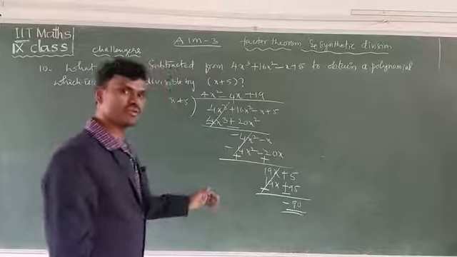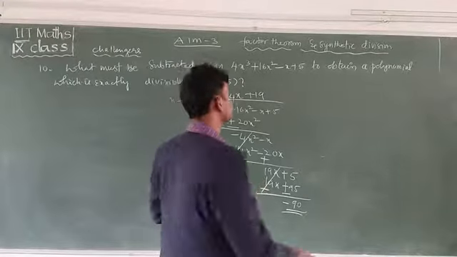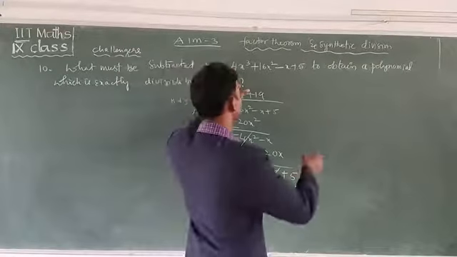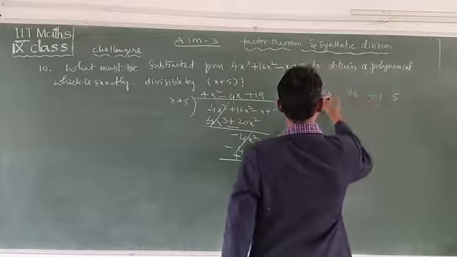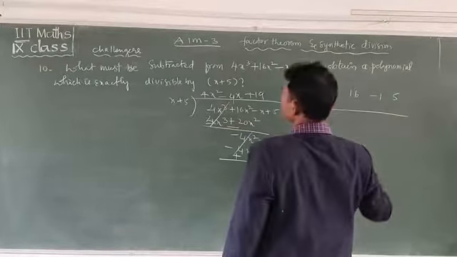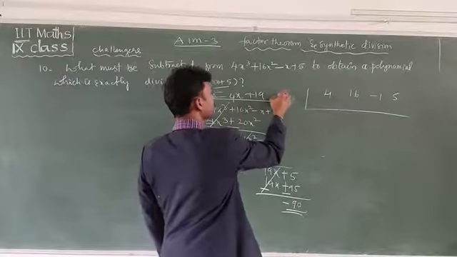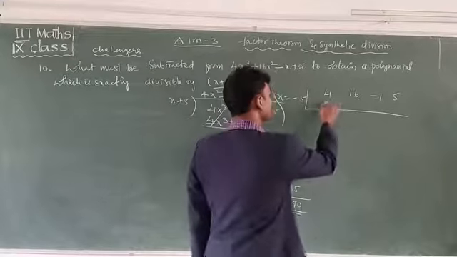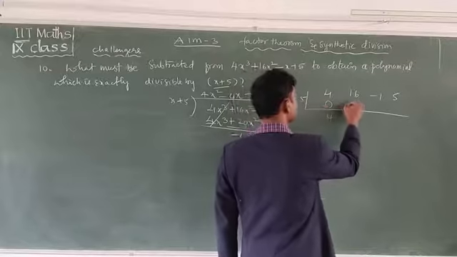This is the actual method, but I will explain the shortcut method. See here, using the synthetic division method, first we have to write the coefficients in descending order of degree: 4, 16, minus 1, 5. First we have to write these. Thereafter, the zero of x plus 5 is: x plus 5 is equal to 0, then x is equal to minus 5. Then what we do first: put 0 under 4, add, it is 4; 4 into minus 5 is minus 20.